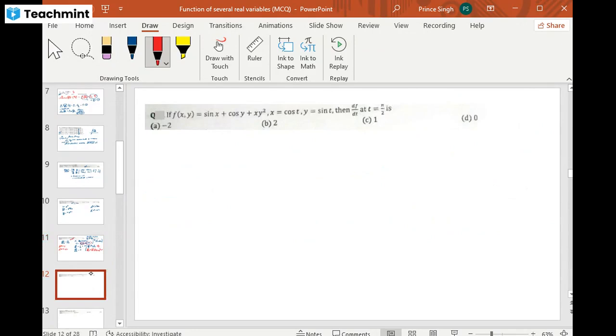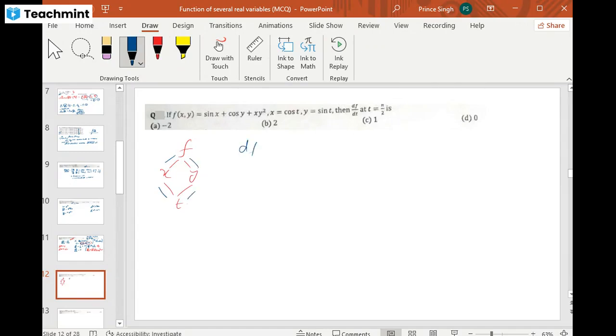Let us come to the next question. We need the partial derivative of the function with respect to t. Here we find that f is a function of x and y, but these two are functions of t. So you can apply the chain rule: with respect to x, with respect to t, with respect to y, with respect to t.